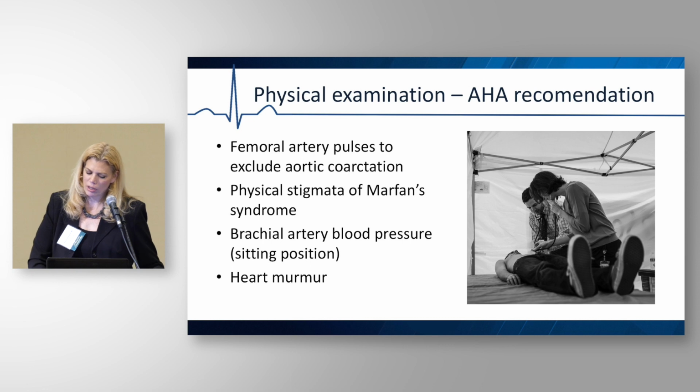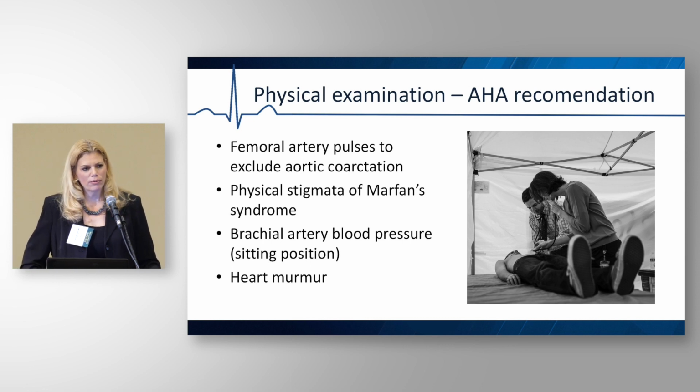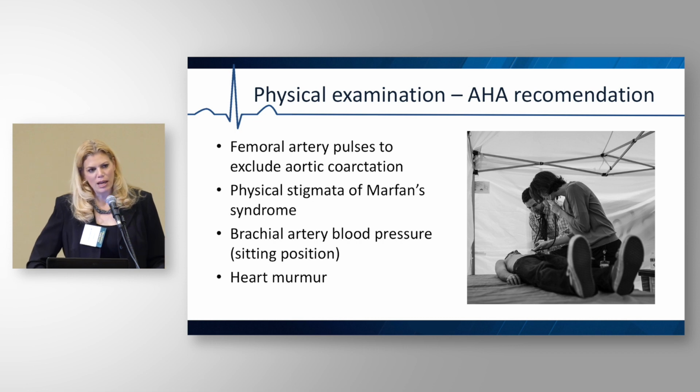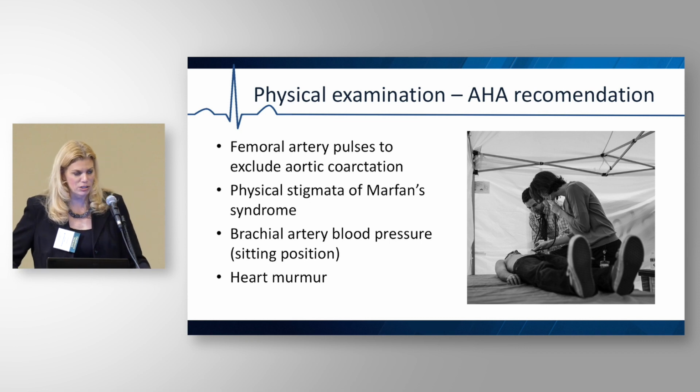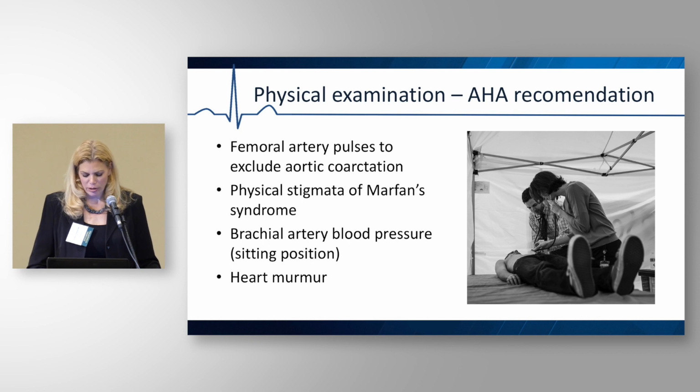And so it may not be the highest yield thing to look at. We're supposed to look for physical stigmata of Marfan syndrome, and depending who we have doing that, we either get a lot of Marfanoid-looking people or nobody, because again, that's really variable in terms of how people interpret that. We need to do a brachial artery blood pressure, which is good for a lot of reasons, but not really typically related to sudden death, and then look for heart murmurs.